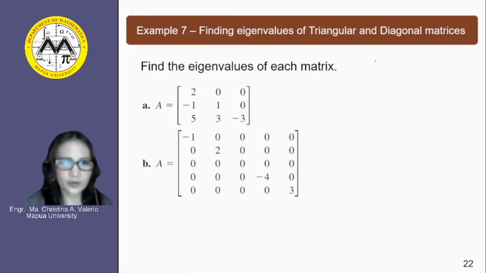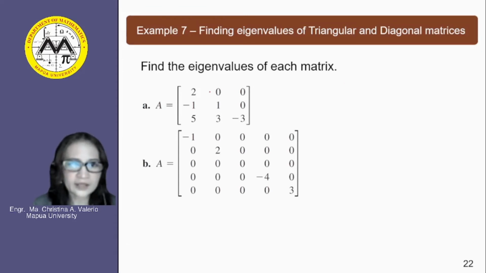According to the theorem, the entries in the main diagonal are the eigenvalues of the matrix. So here we will have lambda 1 equal to 2, lambda 2 equal to 1, and lambda 3 equal to -3, since we have a lower triangular matrix.